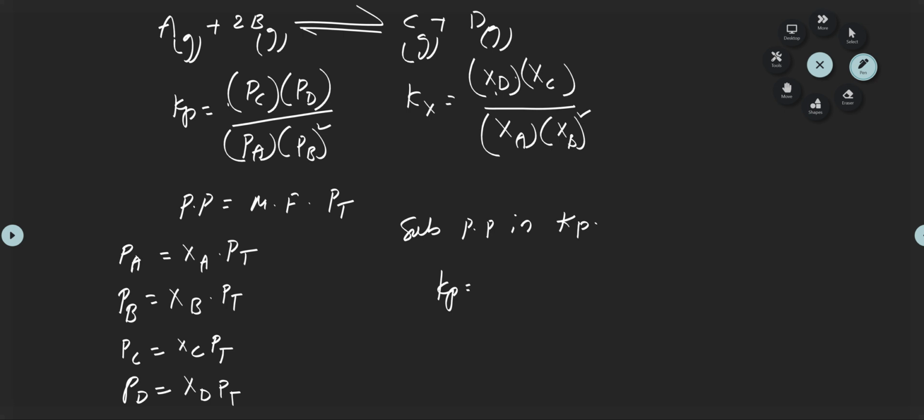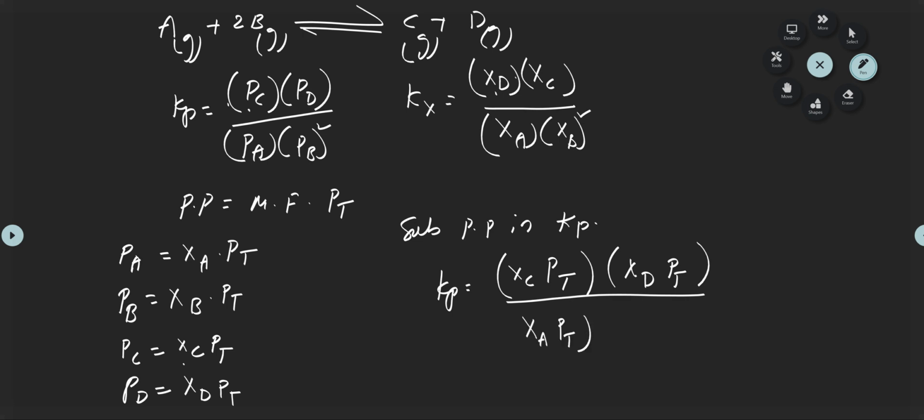Then Kp is equal to PC. In place of PC, XC into PT. Next, partial pressure of D, XD into PT, divided by XA into PT, and then XB into PT whole square.